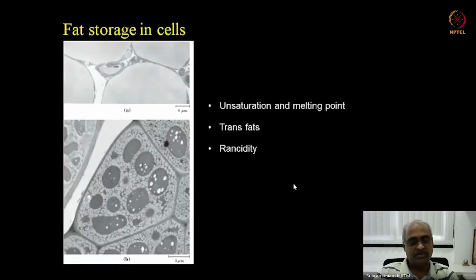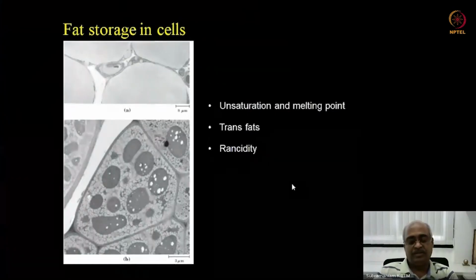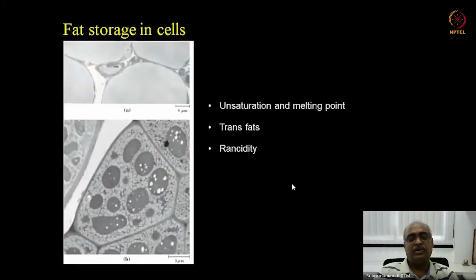As I told you in the previous class, the double bond prevents free rotation between the 2 carbons that have the double bond, and as a result there is a fixed orientation of the chains on both sides of the double bond, and that interferes with compact packing, and as a result fats having more double bonds in the side chain usually are liquid at room temperature.